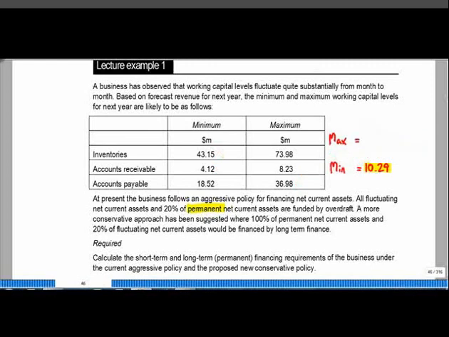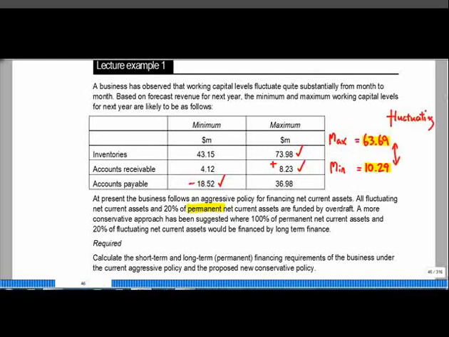The maximum that we're ever going to have of working capital will be 73.98 of inventory, 8.23 of receivables, less 18.52 of payables. So just working that through, adding together inventory and receivables, subtracting payables, gives us a maximum figure.